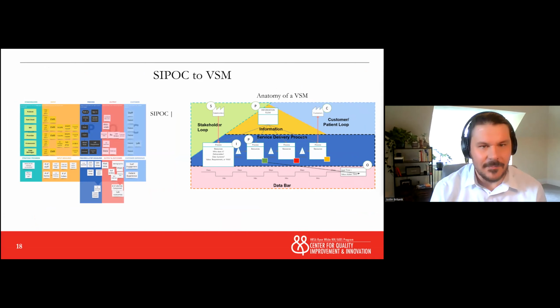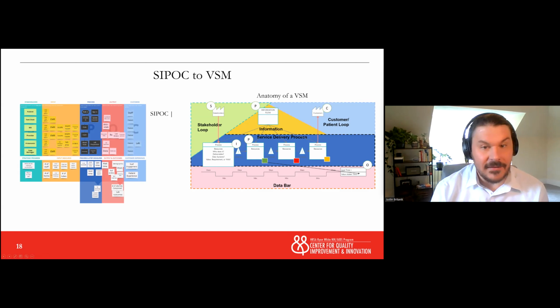Everything that we did for inputs is probably going to be captured in the information, and some of it in these resources boxes right here. All of our process will be these process boxes in the middle, and all of our outputs are going to be captured in data, and our customer is all going to be captured over here.